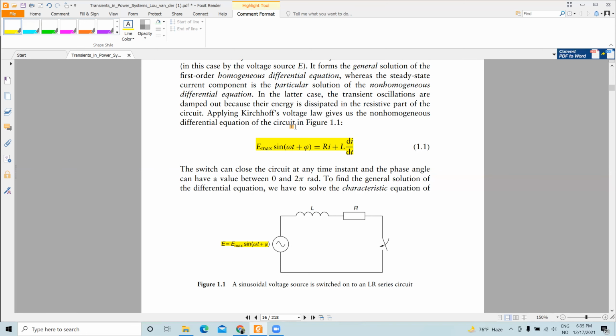Now, what kind of functions have this characteristic, that the derivative of the function is also the same as the original function?